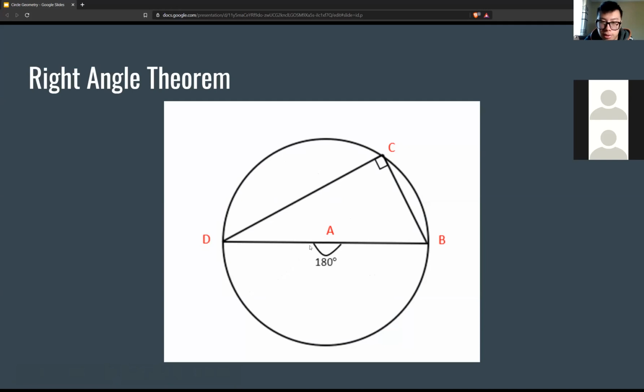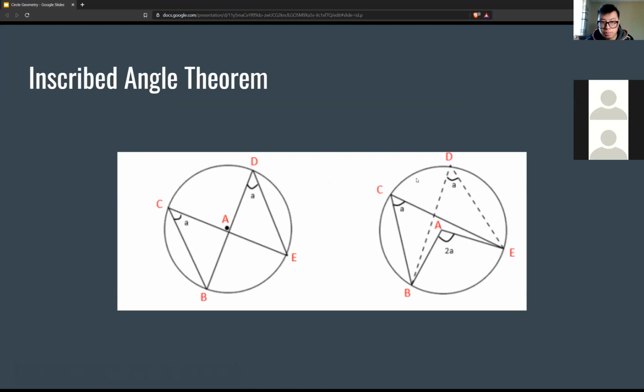So we have to connect D to A and then A to B. And we can use the Star Trek theorem here. So that means this top angle has to be a half of this angle that's between D, A, and B. So 90 degrees is a half of 180 degrees. So that works. Give me a thumbs up if you understand. Okay, that's nice. Let's continue.